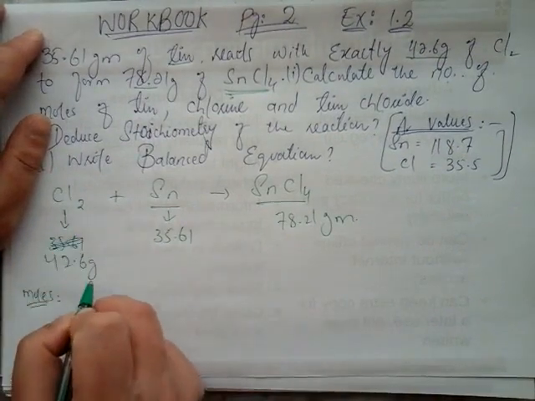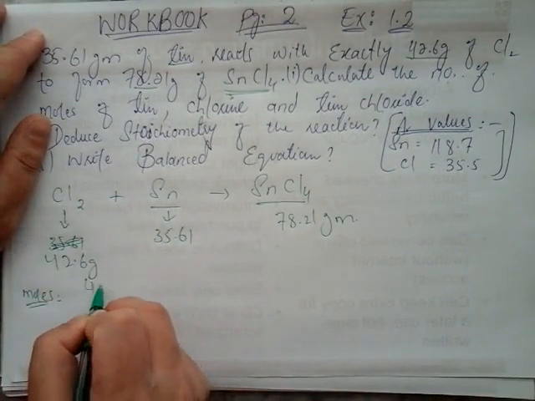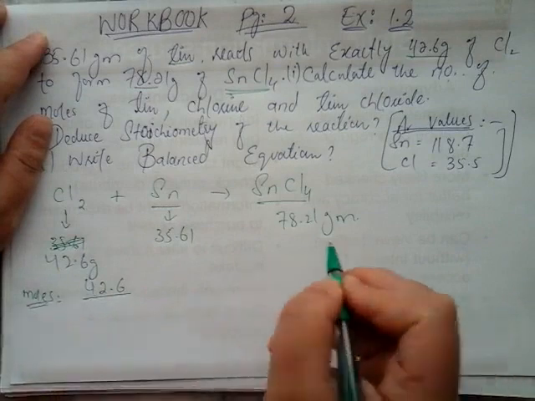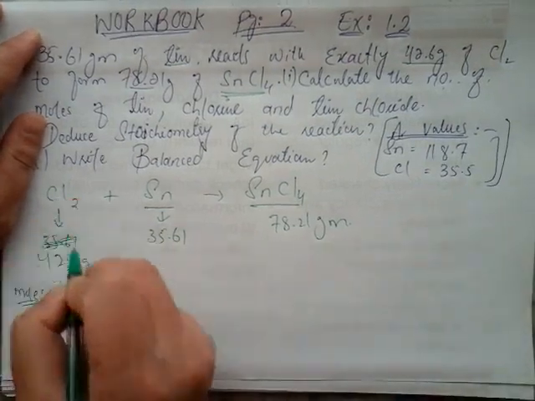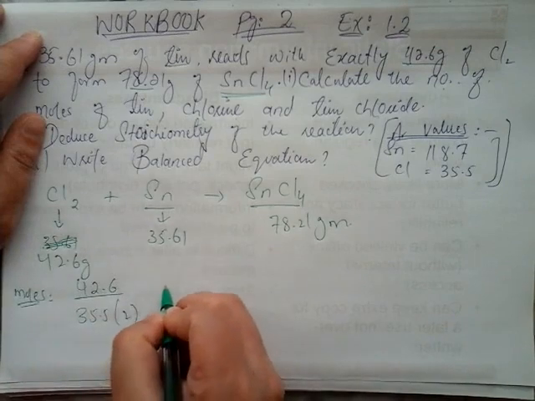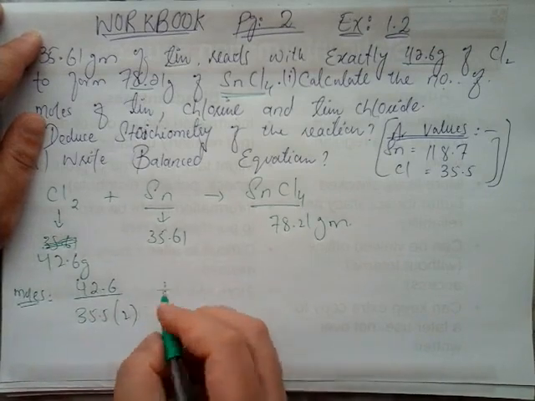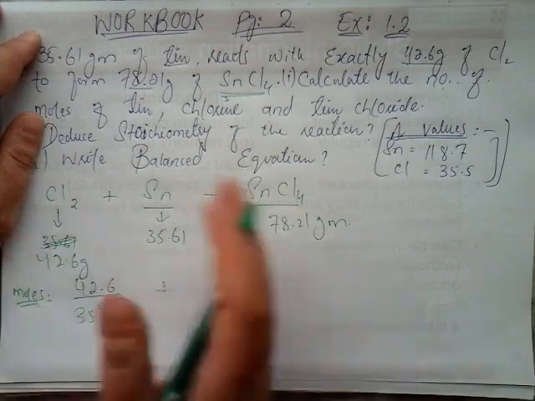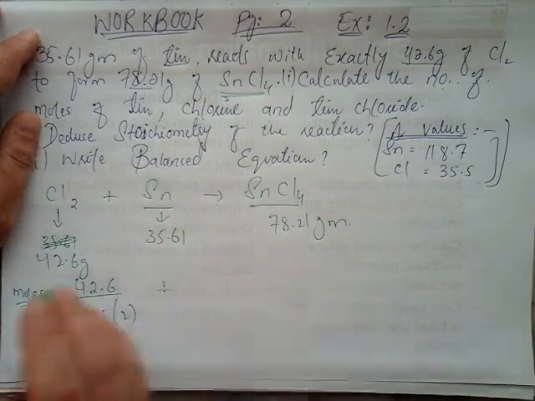Now there are 2 atoms of chlorine, so 42.6 divided by 2 atoms of chlorine, that is 35.5. We cannot add the plus sign, because moles of the reactants and products cannot be equal.